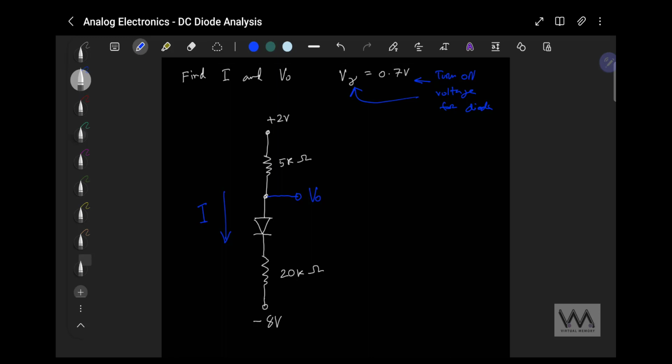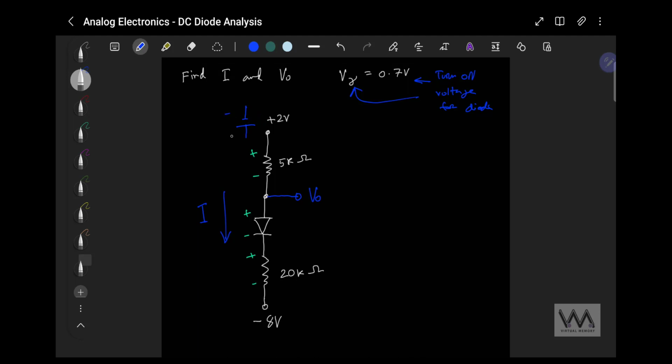So first thing let's do is consider the terminals or the polarities for each element. So we have plus, minus, because current is going from up to down. So plus, minus, and plus, minus. And like in the previous video, we can consider this plus 2 volt voltage source like this.